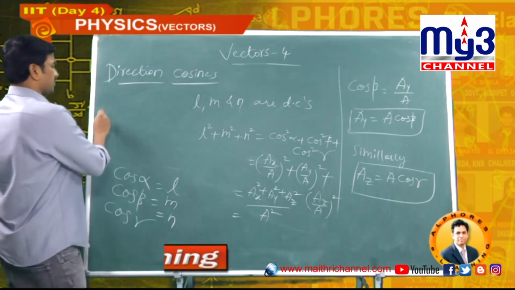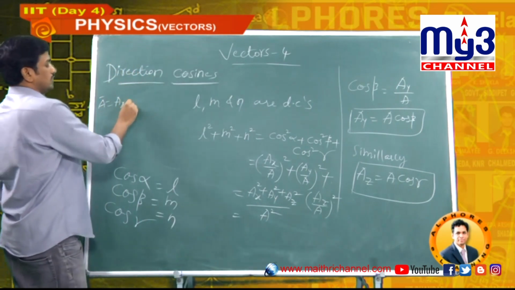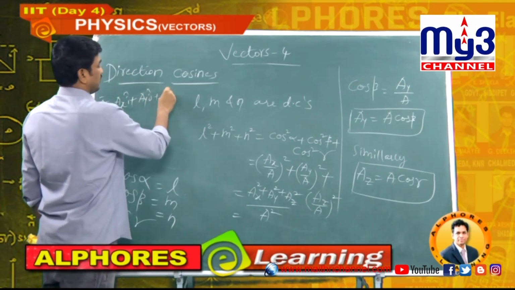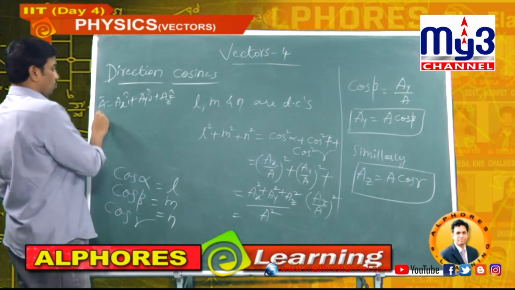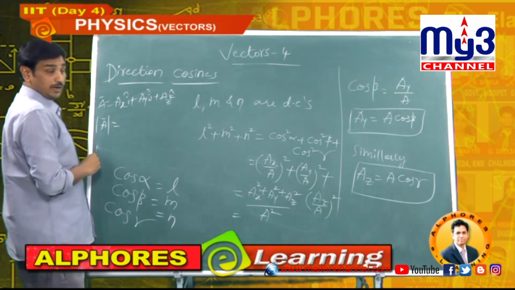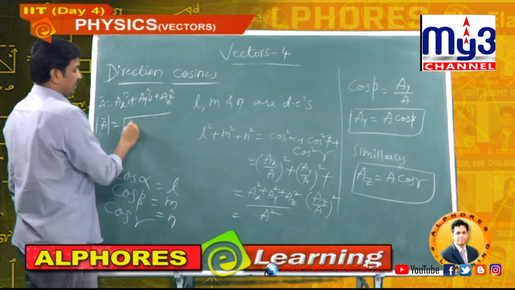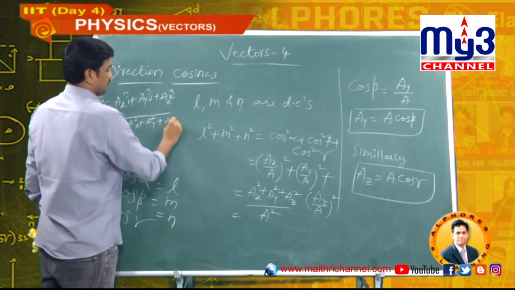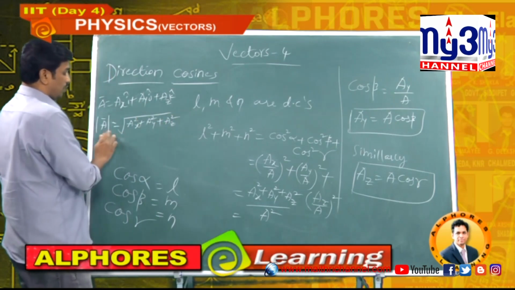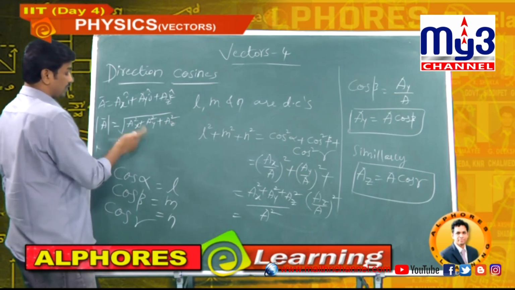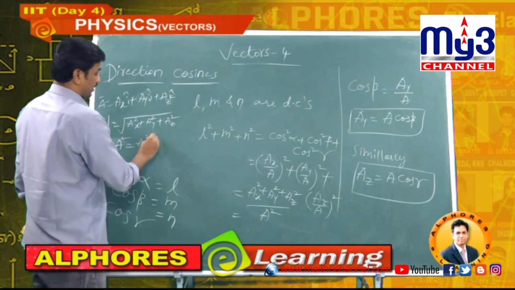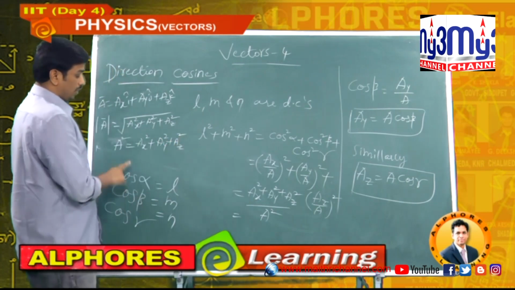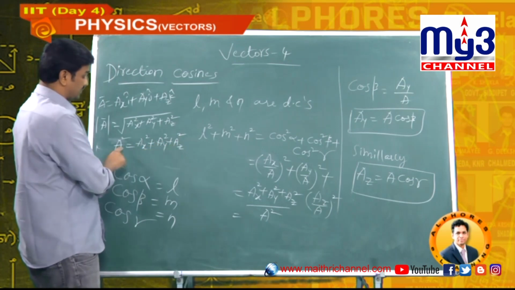Now what is our vector? A bar is equal to ax i cap plus ay j cap plus az k cap. What is mod a bar? Mod a bar is the square root of the i cap coefficient squared, plus the j cap coefficient squared, plus the k cap coefficient squared. Mod a bar is a, and squaring on both sides, ax square plus ay square plus az square is a square.